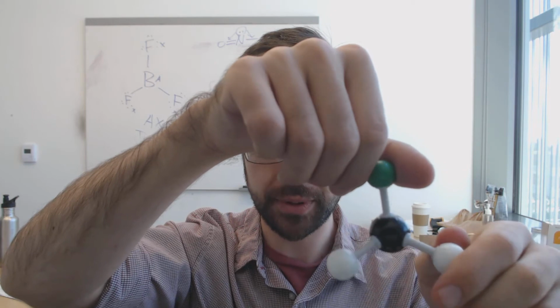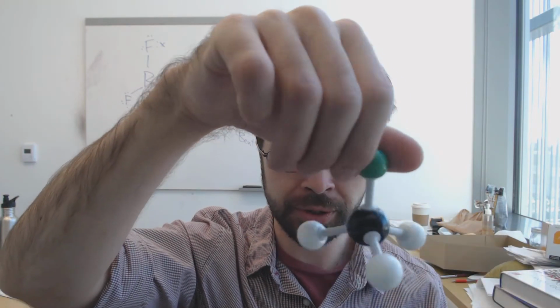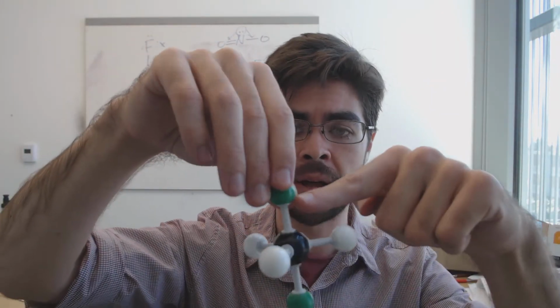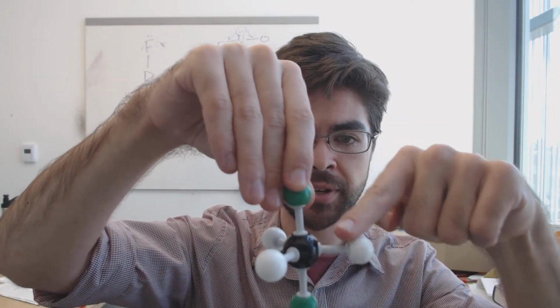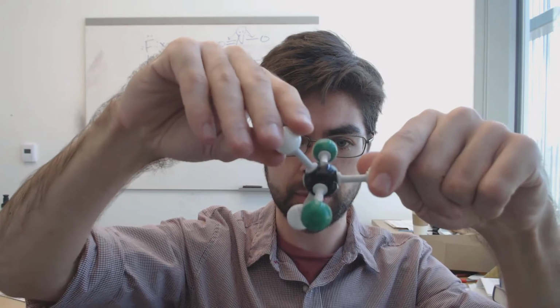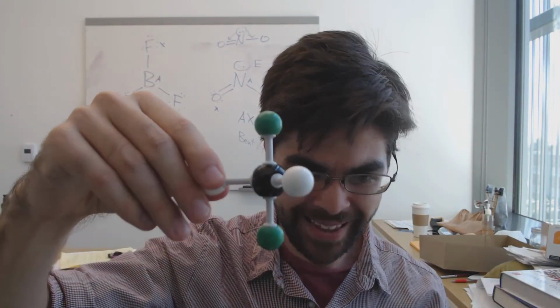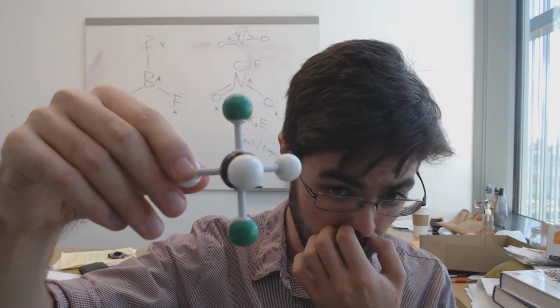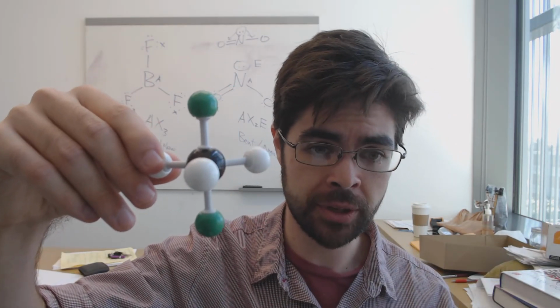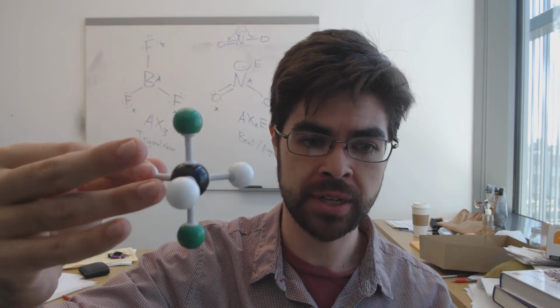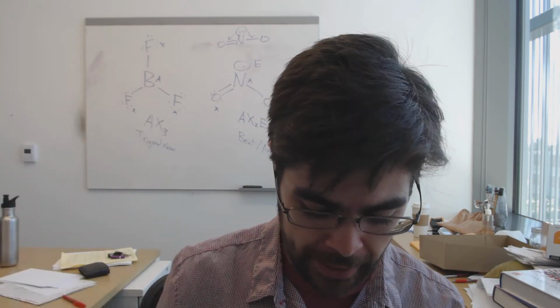No one bond angle is larger or smaller than the other. That's not true in the trigonal bipyramidal model. Between these two atoms, there's a 90-degree angle, and between these two atoms, there's 120 degrees. So in a trigonal bipyramidal VSEPR geometry, you can make a distinction between axial positions and equatorial positions.